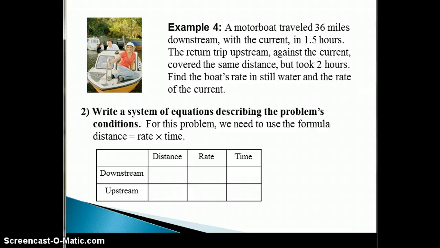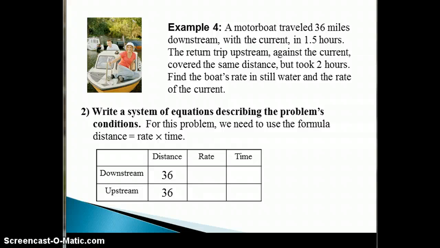Notice that it says the motorboat traveled 36 miles downstream. So we can enter 36 in the table for the distance downstream. Also notice that they covered the same distance going upstream, so we can also enter a 36 in the table for the distance upstream. Now we need to determine the rates.